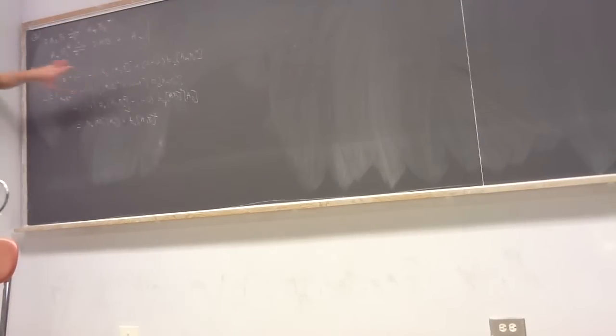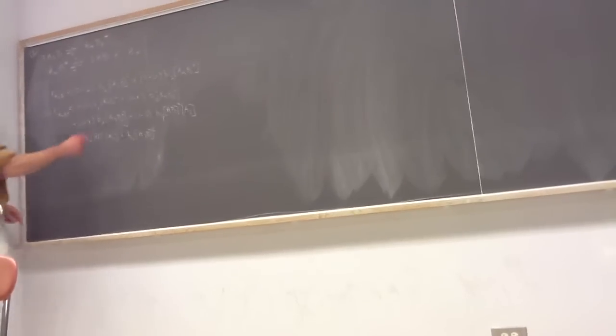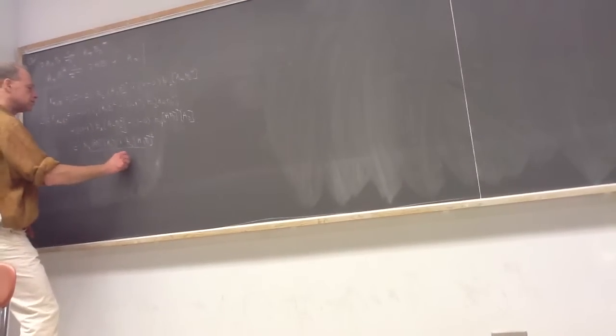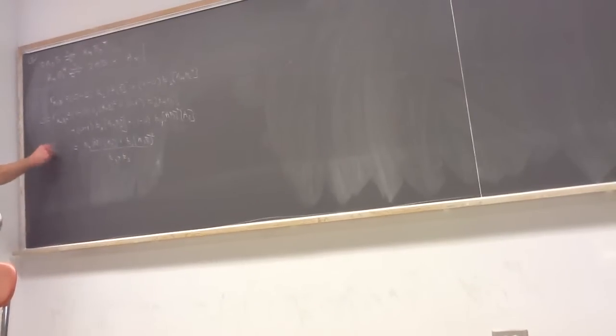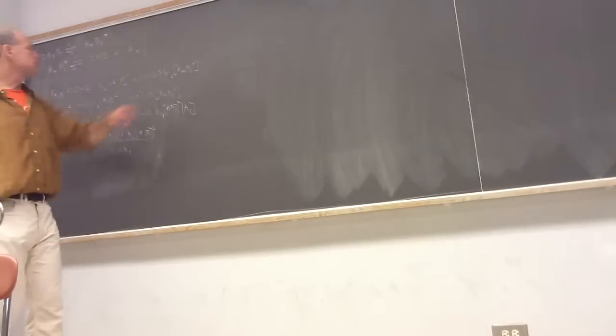And these two guys went to the other side of the equation. I factored out the A4B2 star, and I was left with a K2 plus K3, which I divide out. So this is A4B2 star. And now I plug in here to see what I get.